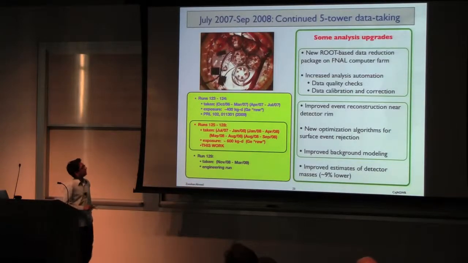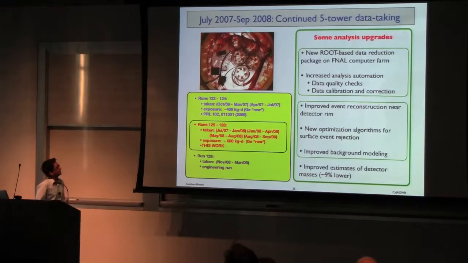Okay, continued operation. So after that result, we continued taking data. The setup itself had no changes, but we had the chance to perform some analysis upgrades, and so I mainly categorized them into data pipeline kind of things that were upgraded, and improved background modeling and better background rejection.